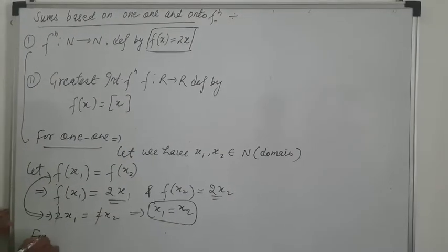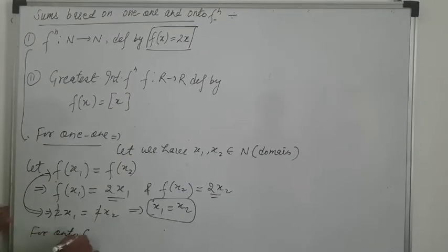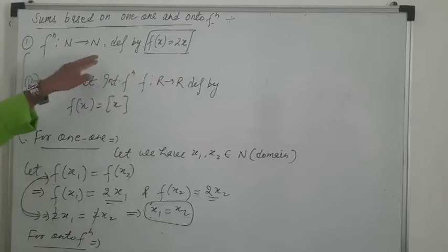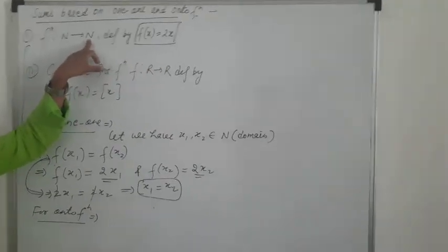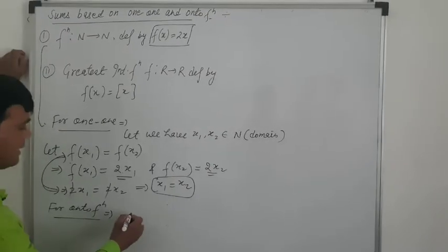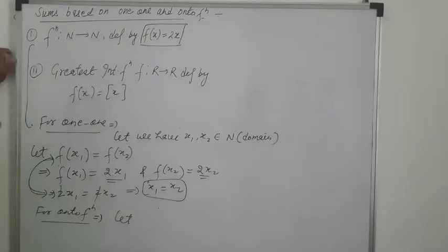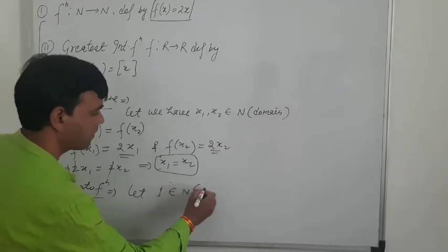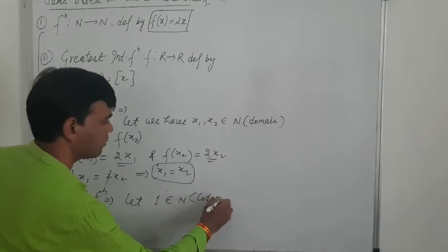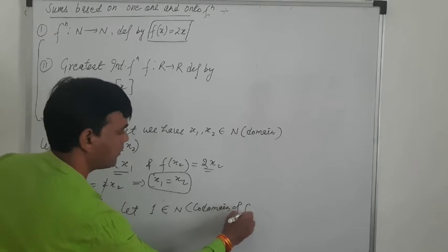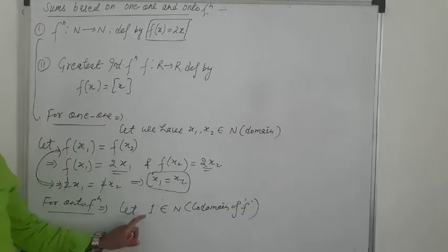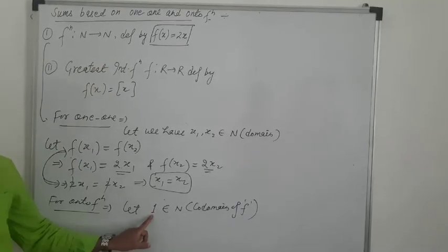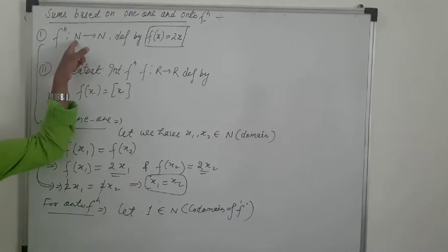For onto, you can easily see whether this function is onto or not. The domain of this function is the set of natural numbers. If you take any, let 1 belongs to N, that is the codomain of the function, codomain of f. It means this 1 is an element of the codomain, and we have to check whether this is an image of any element of the domain or not.